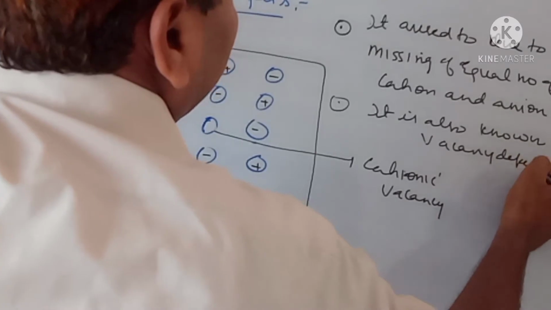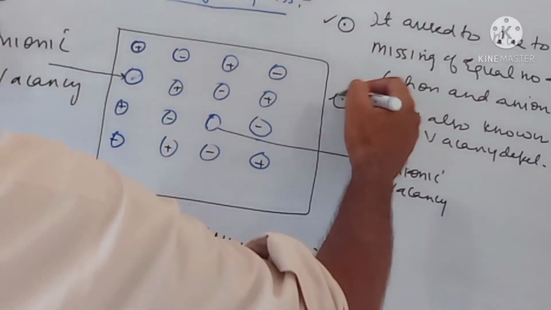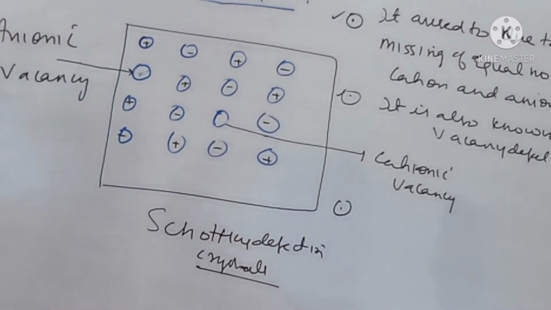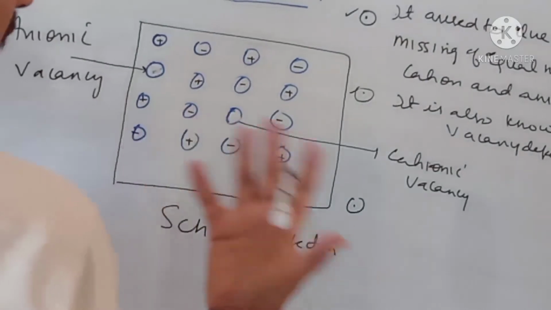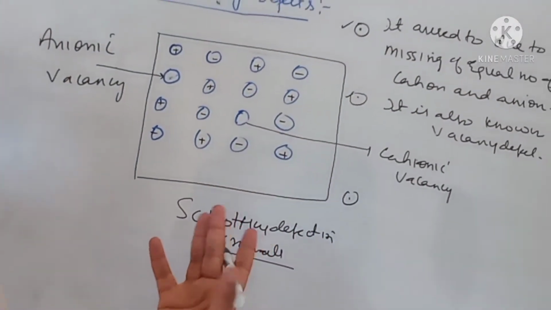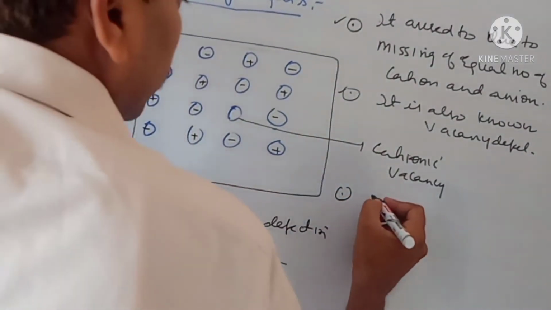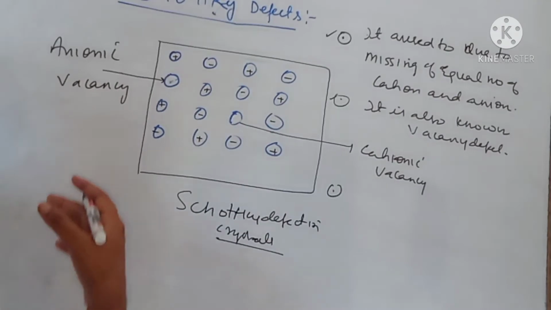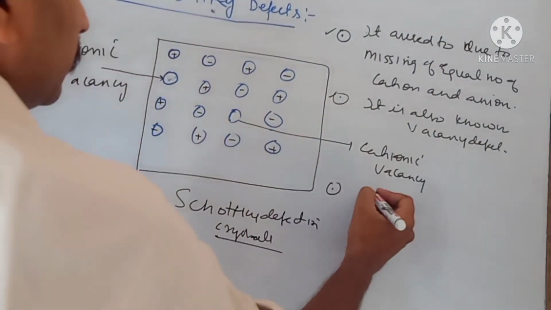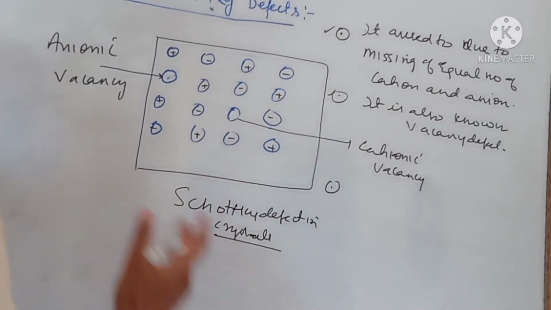Okay, fine, vacancy defect. So first point is this, second point is, now third important point is very important, right? Now in this crystal, an equal number of cations and anions are missing, so it maintains electrical neutrality in the crystal.